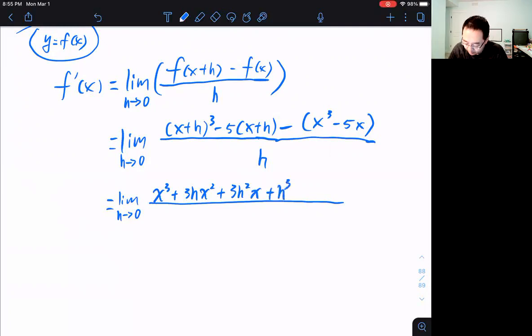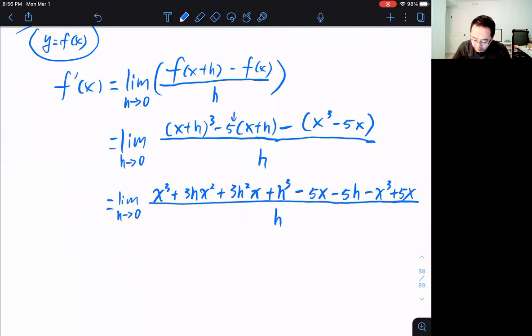Okay, you can verify this by multiplying x plus h 3 times right next to each other. Okay, then we know this, then minus 5x minus 5h, okay, because I just multiplied this 5 into the parentheses. Okay, then minus x cubed, then plus 5x, because minus a negative 5x equals plus 5x, okay, over h.